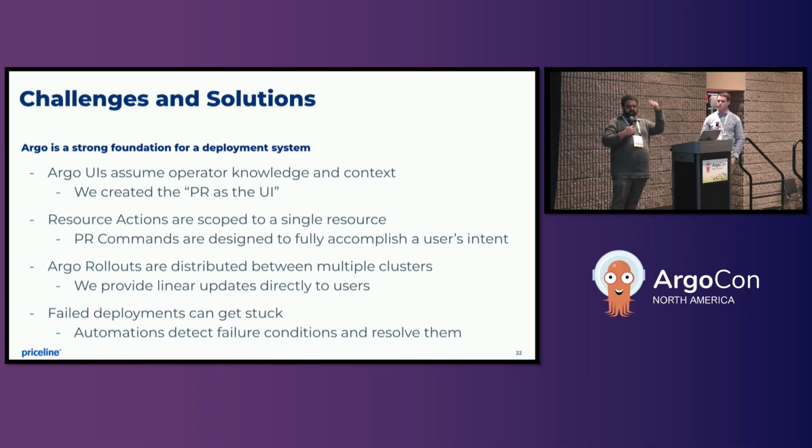And as we were making the documentation about this, it just kind of felt a little bit wrong to have to give all these steps. So resource actions can only act on their own resources and children, but we were able to, with a PR command, act on Argo CD itself with the terminate, and also call the abort resource action on rollout, and we have other examples of that as well, where we kind of conjoin things.